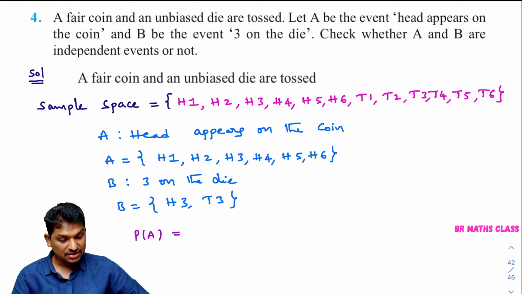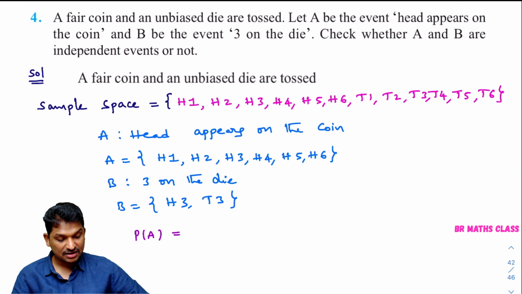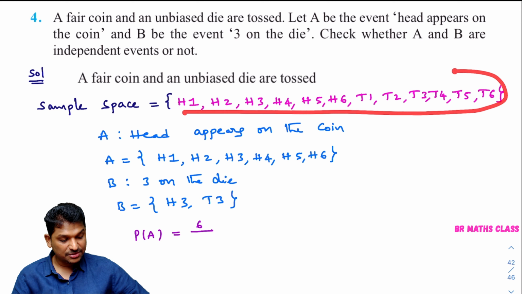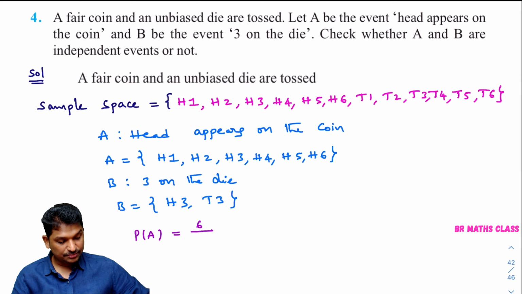See, these are all related to A. Favorable results, how many are there? 6 are there. 6 divided by total number of results, which always comes from the sample space. Total 12 results are there. 6 by 12, that is nothing but 1 by 2.